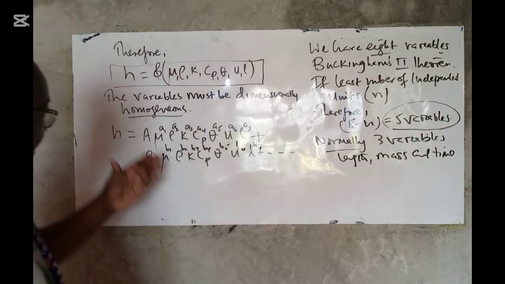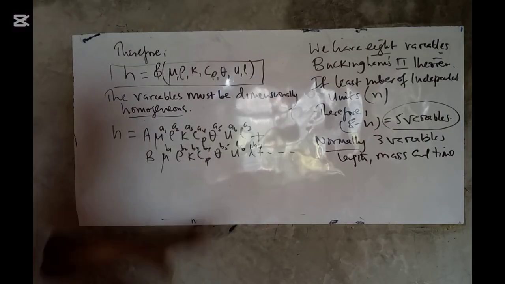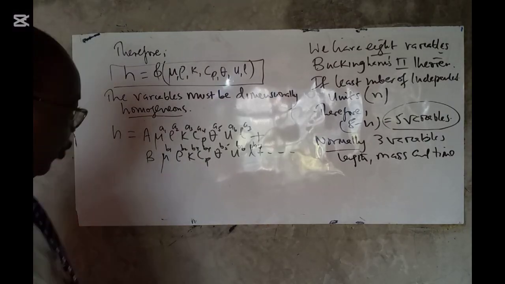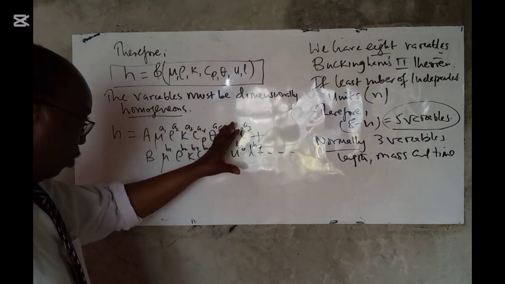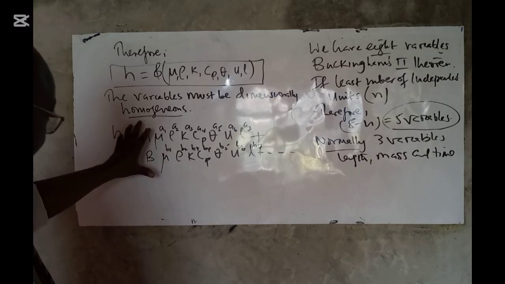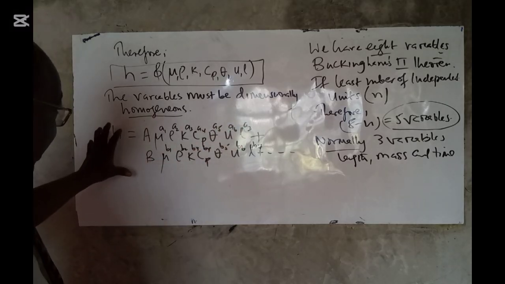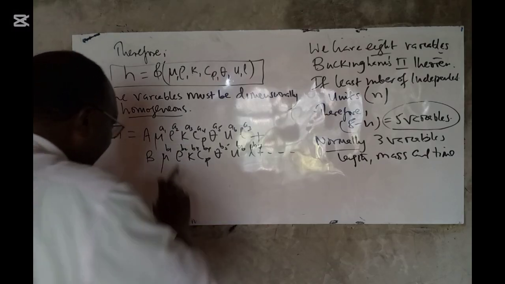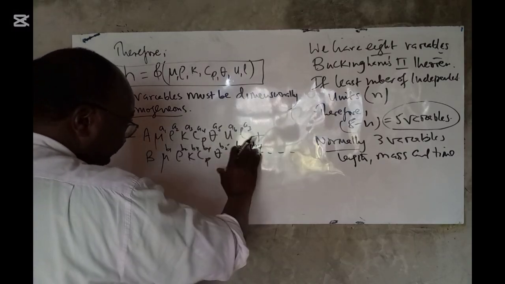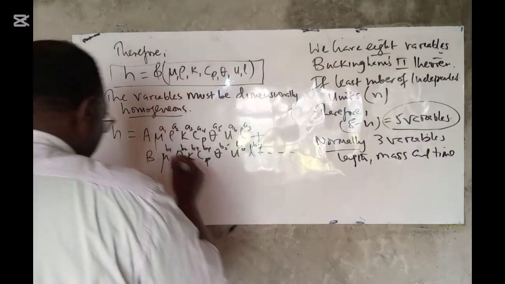So we have these indices A1, A2, A3 associated with these particular quantities. They are dimensionally homogeneous, and therefore we are able to write them as a sum. It can be an infinite or a finite sum of these terms.